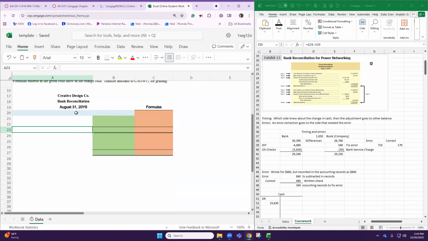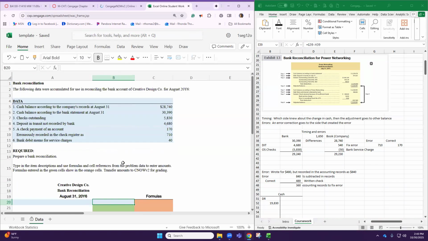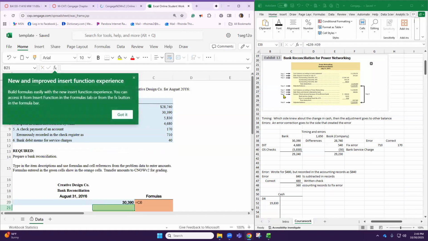All right, so oops, let me go back. I guess I didn't have to do that. Okay, let's just put the balance in. Okay, the balance for the bank is this one. Okay, they list the bank first.